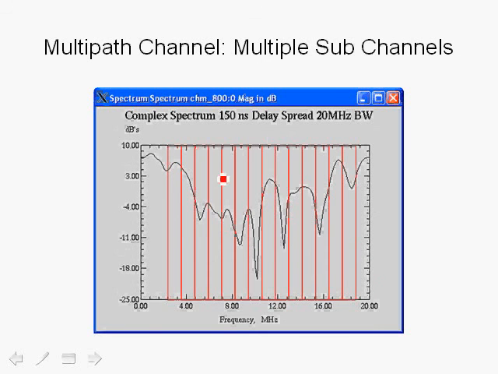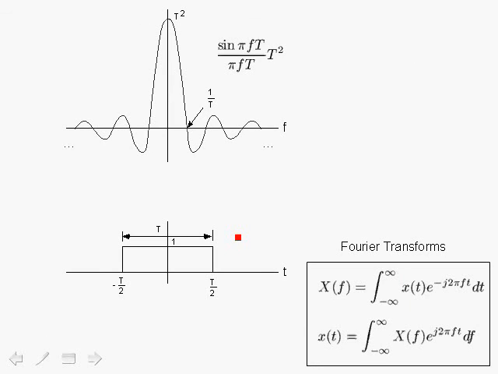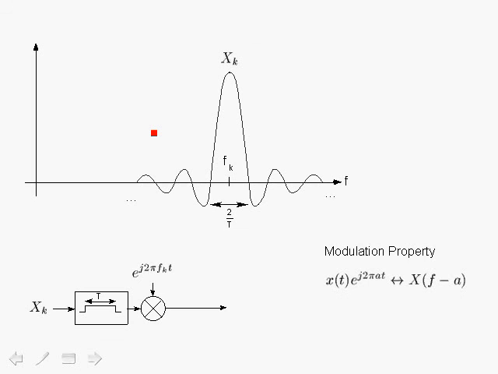So we're taking a multipath channel and breaking it into subchannels. Each subchannel would carry data, so we are actually multiplexing in the frequency domain, and we realize that if we use a time windowed signal, the pulse here, we would get a sinc function in the frequency domain, which has a nice property that, first of all, if we modulate it, we just shift it up in frequency.